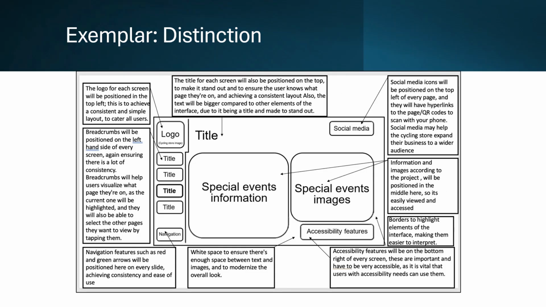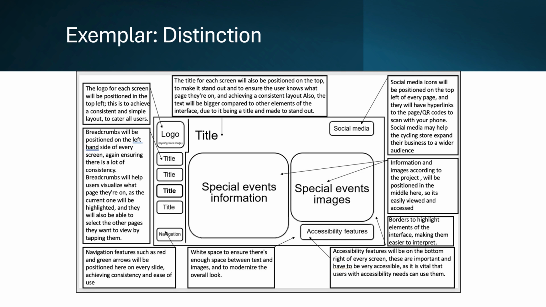So if we look at this example here, they've copied this 4 times, so I've only provided it once. You can see that in the top left they've got the logo, and this will be positioned in that particular location for all of the screens. They've talked about a title and where that will be positioned, how that will achieve a consistent layout, why the text is bigger.